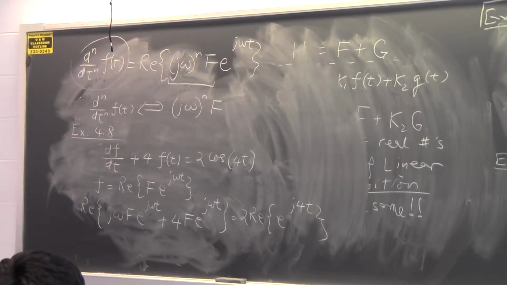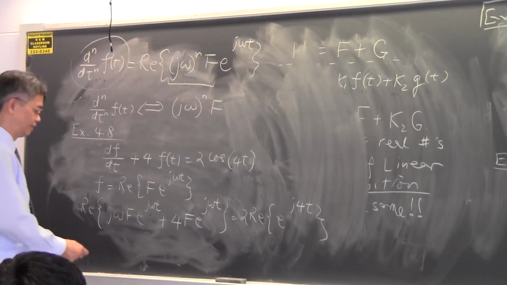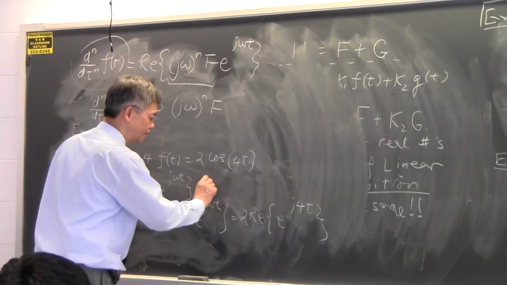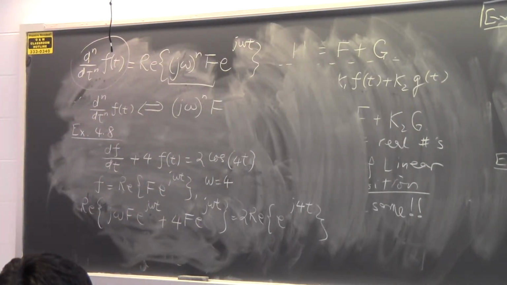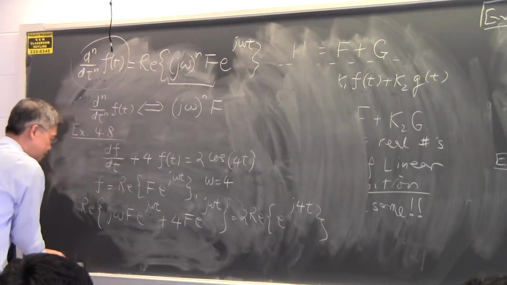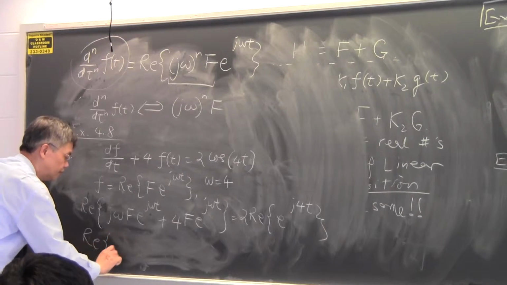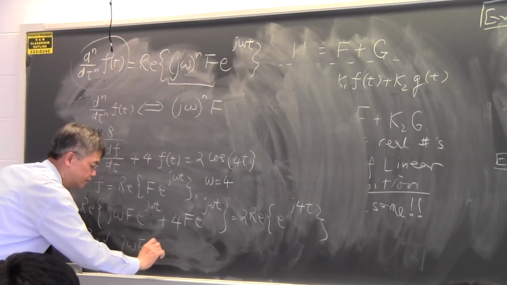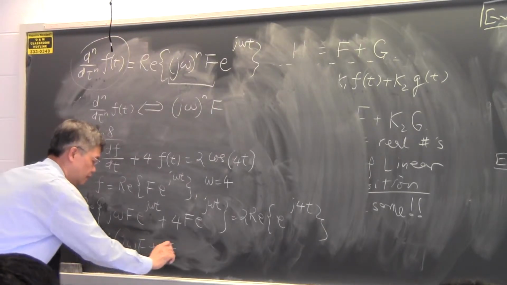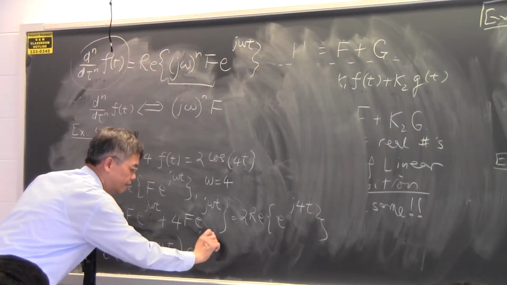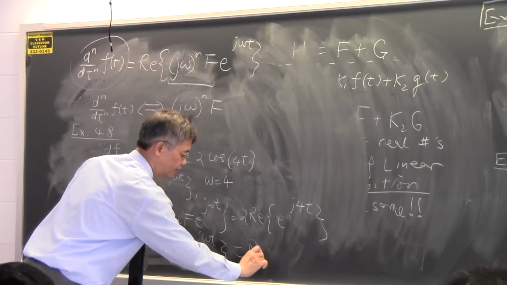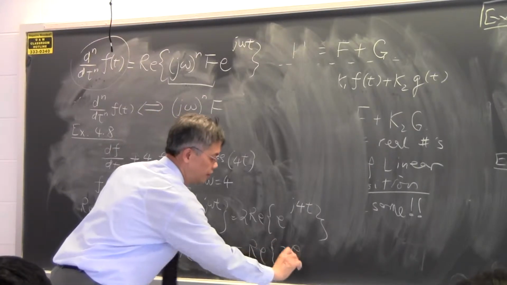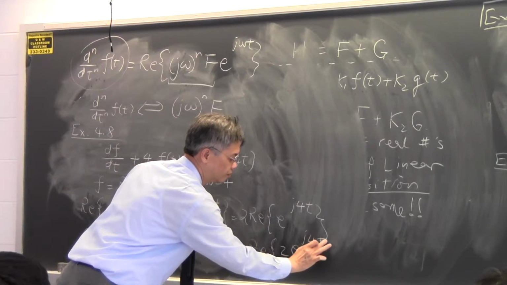If I pick omega to be 4, then the left-hand side looks like the right-hand side. Let me combine these two first: j omega f plus 4f, times e to the j omega t, equal to what I have on the right-hand side, the real part of 2 e to the j4t.